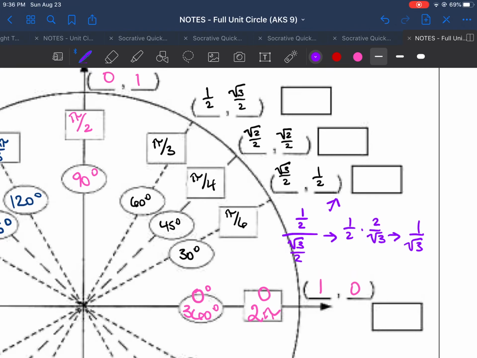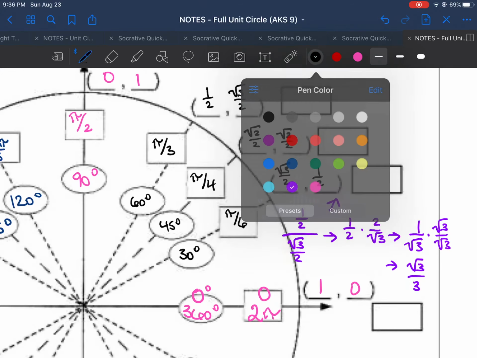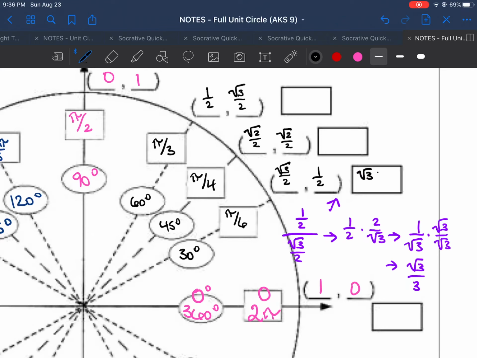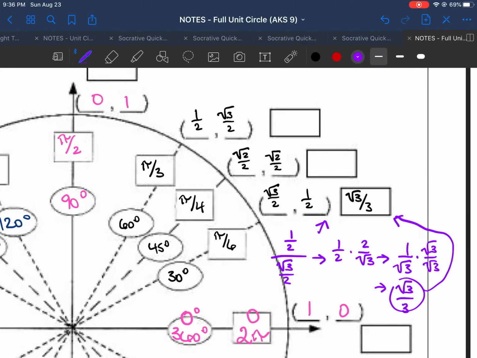So we're going to rationalize the denominator by multiplying both the numerator and the denominator by the square root of 3. So notice this gives us 1 times the square root of 3, that's the square root of 3. Square root of 3 times the square root of 3, that would just be 3. So the tangent of 30 degrees is square root of 3 divided by 3.